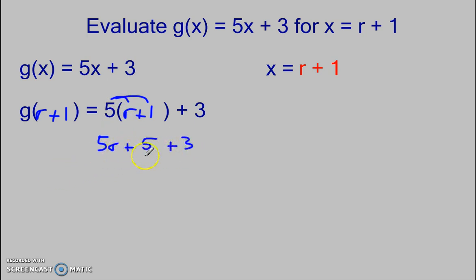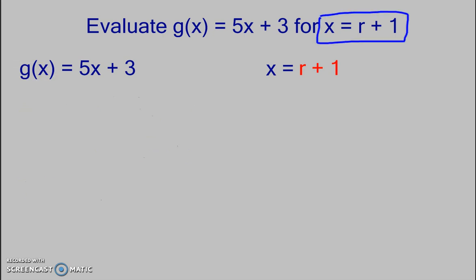I simplify what I can, which gives me 5 plus 3, so 5r plus 8. So g of r plus 1 is 5r plus 8. I can't combine these two because this has a variable and this does not. I cannot combine a variable term and a constant.